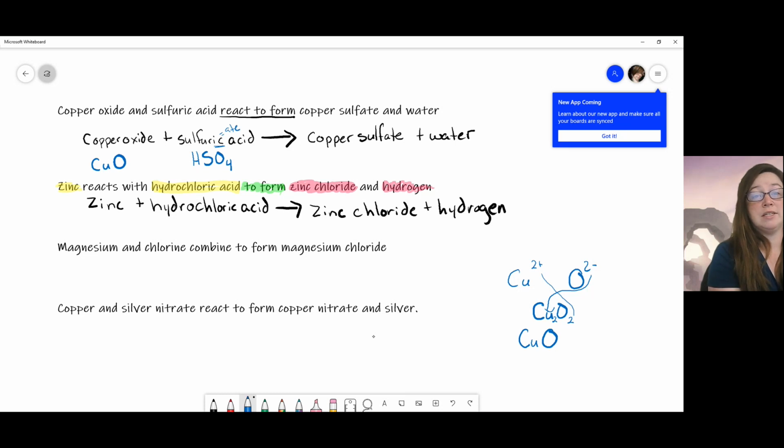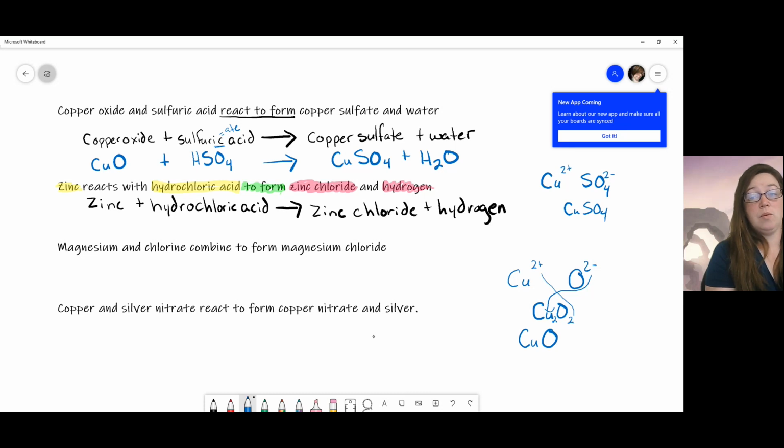Copper sulfate, again, this is an ionic compound, Cu and SO4, 2 plus, 2 minus. CuSO4 is your result, because these are just going to be 2's down here, and you'll simplify it to 1. So CuSO4, and then water is H2O. You just transfer down your symbols, and you have a skeleton equation.